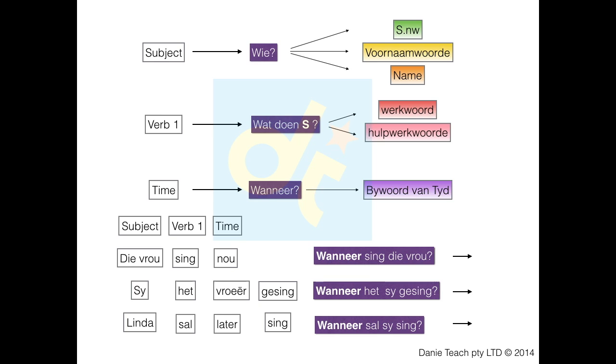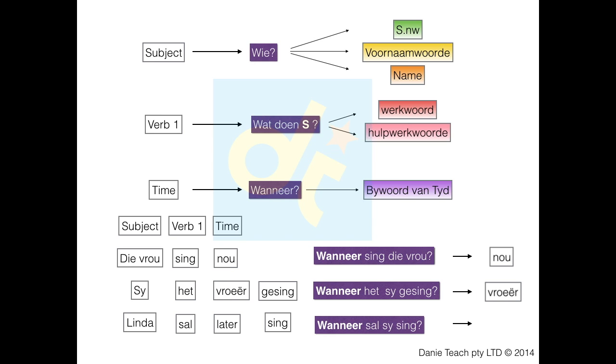Okay, let's have a look at what we ask when we get to the time part of the sentence, the adverb of time. Die vrou sing nou. And the question can be, wanneer sing die vrou? And then your answer would be, I hope you guessed it right, nou. Sy het vroeër gesing. Wanneer het sy gesing?